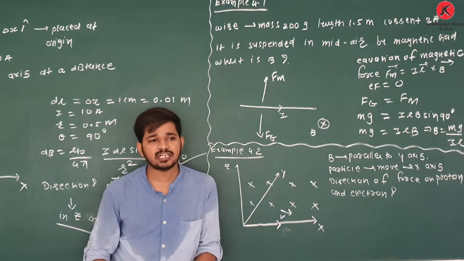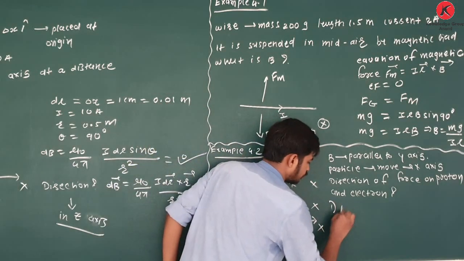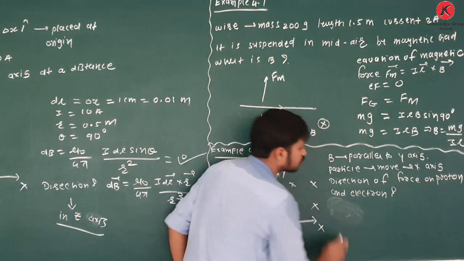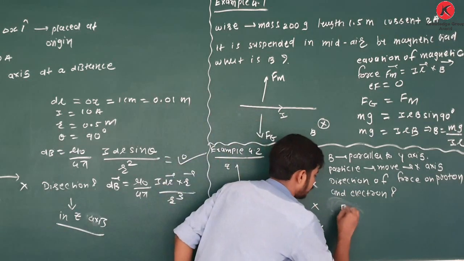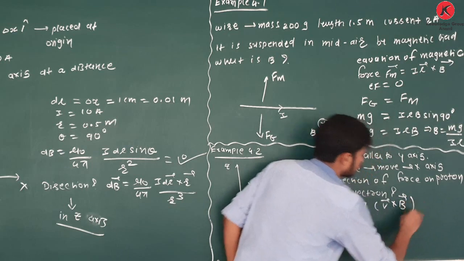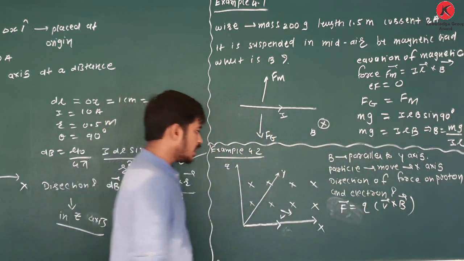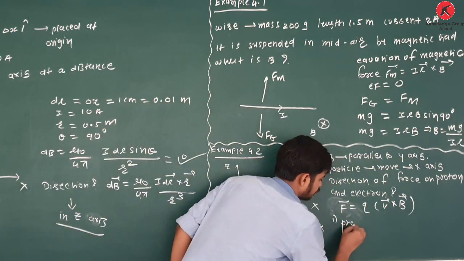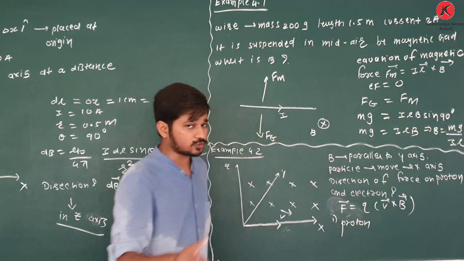First of all, for the proton. What is the equation of force? F is equal to Q V cross B. Proton means positive charge.